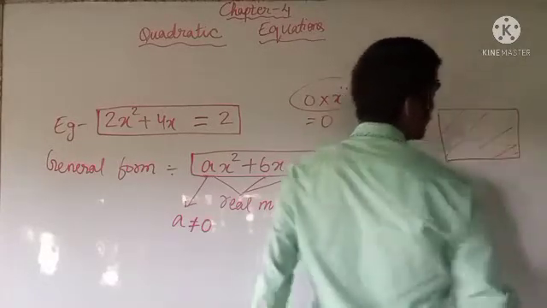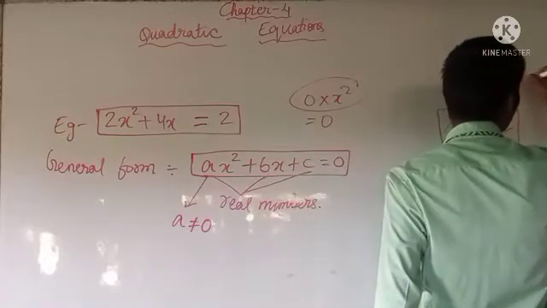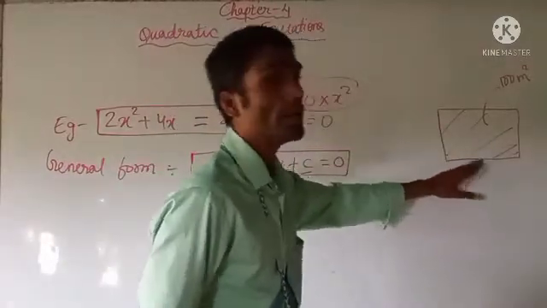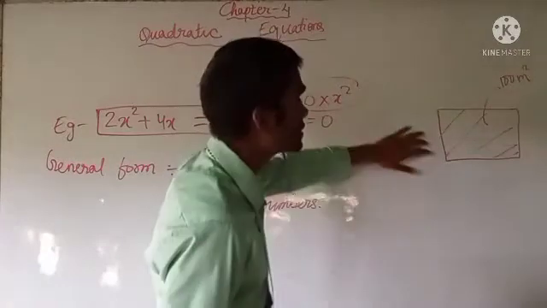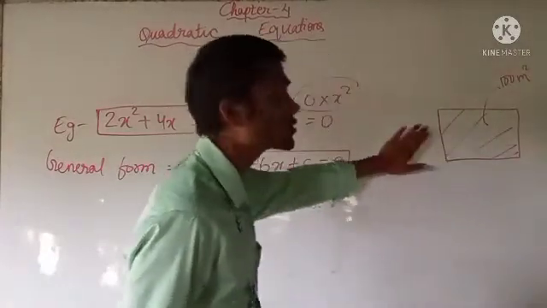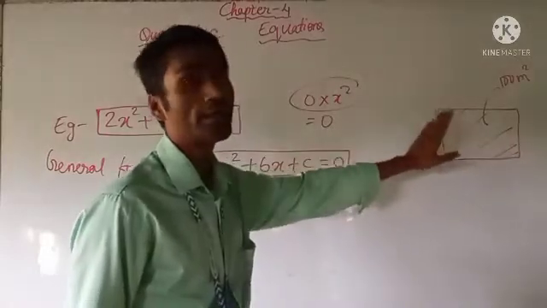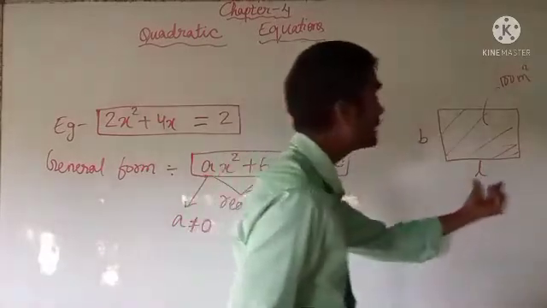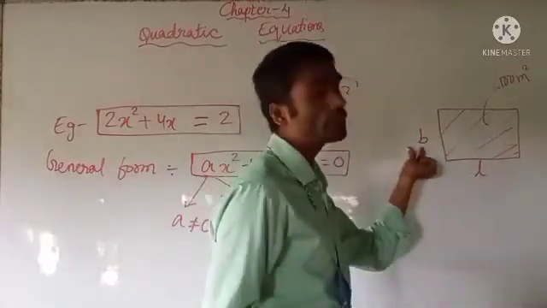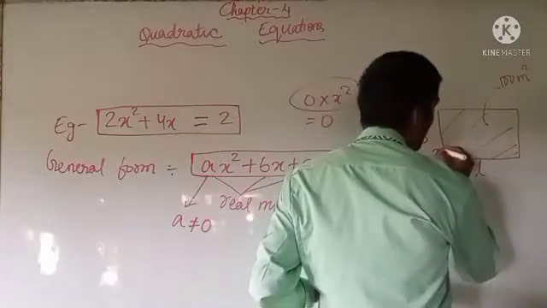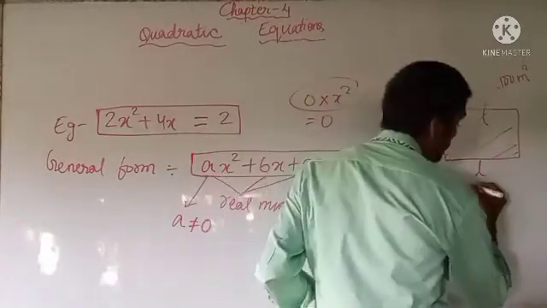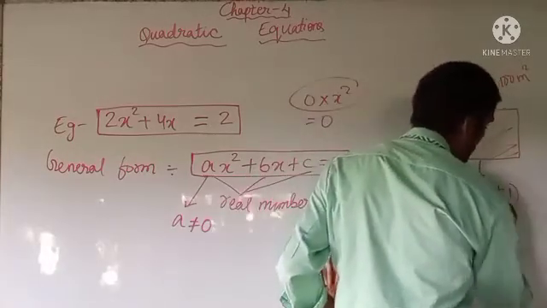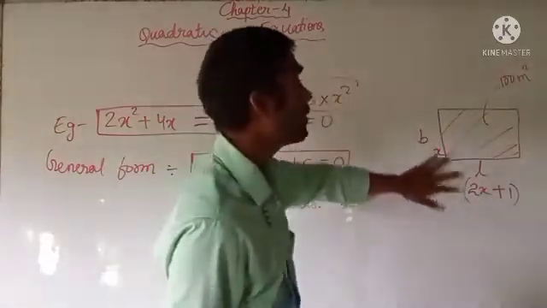The area of this room is 100 meters square, and what will be the length and breadth of this room if some condition is given, like the length is one more than twice the breadth. If we take the breadth as x, then length will be twice the breadth, that is 2x, and one more than it, that means plus 1.